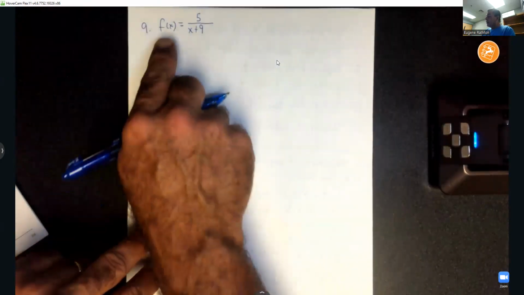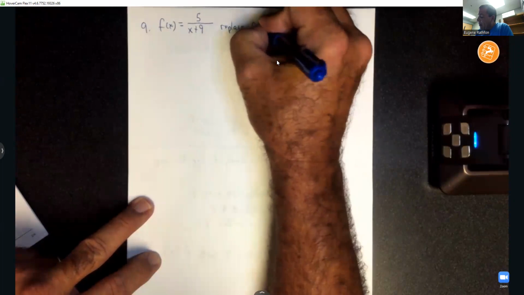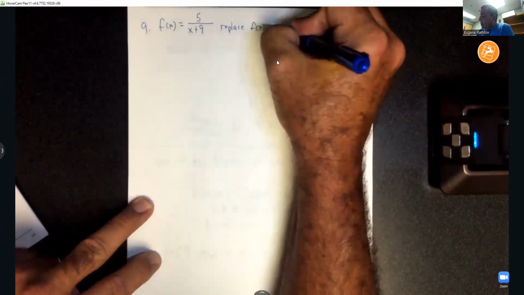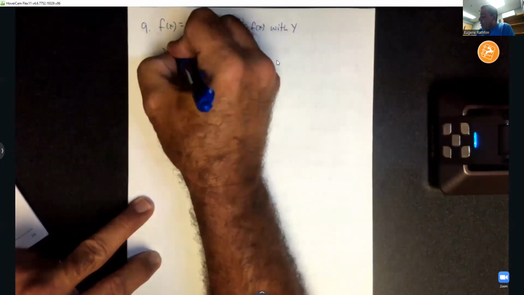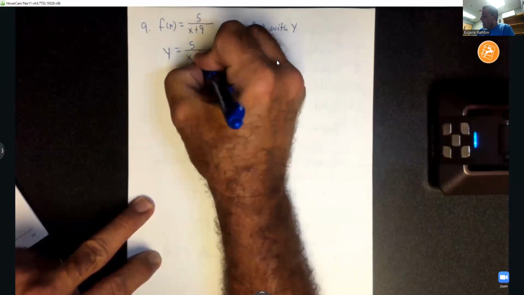So since it's 1-to-1, I'm going to find the inverse. So first, I'm going to replace the f of x with a y. So y'all know that gives us y equals 5 over x plus 9.